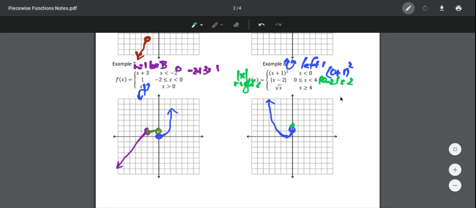At 4, the absolute value of 4 minus 2 is 2. So at 4 it is 2. It's shifted over 2, this should actually be an open circle here. And so this graph looks like this.